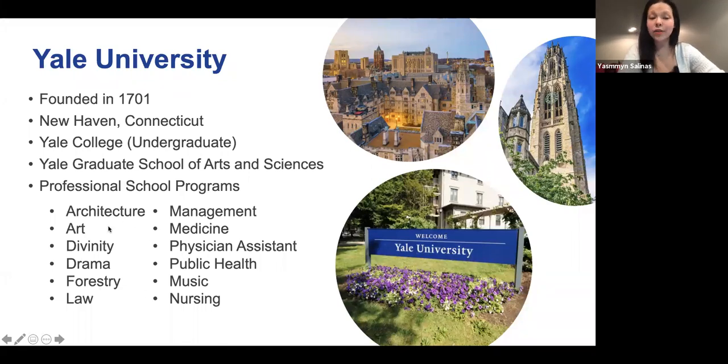We see architecture, art, divinity, drama, forestry and environmental studies, law, management, medicine, public health, music, nursing. So we have a little bit of everything. But since you are all in high school, what you're doing next is pursuing an undergraduate degree. So I wanted to tell you a little bit more about Yale College specifically.